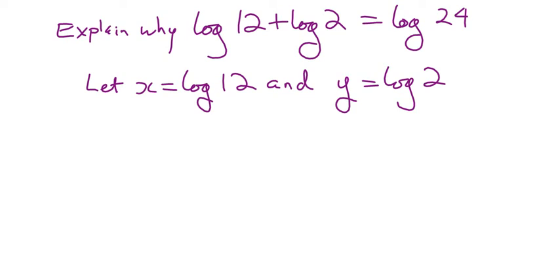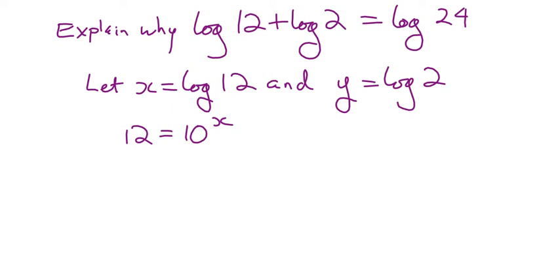So this says if x is equal to log base a of y, which is what we have here, what's our base? 10. Then y, so 12 is equal to 10 to the power x. Right? And those two statements are exactly the same. 12 is 10 to the power x, and x is log base 10 of 12.